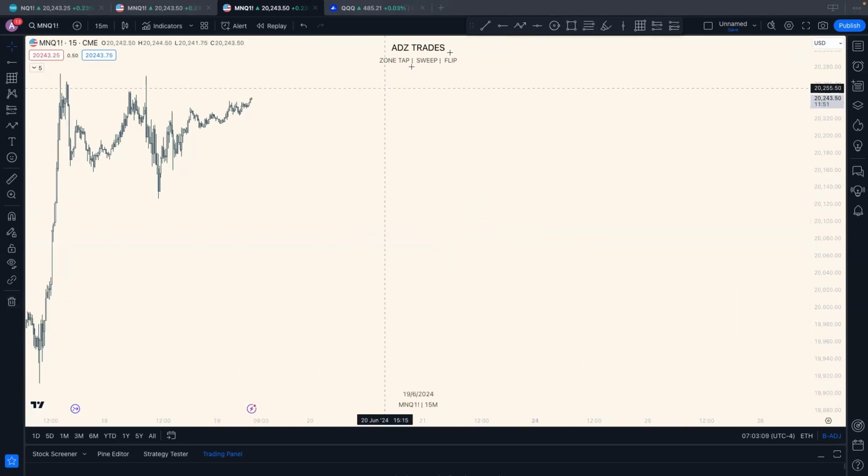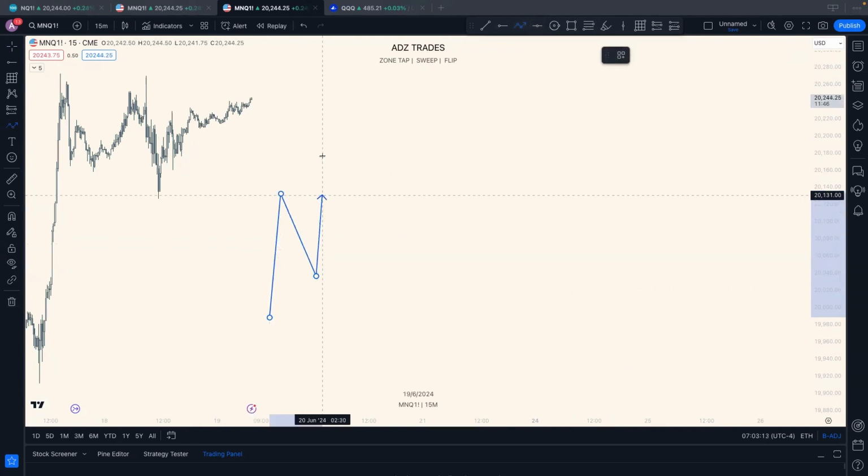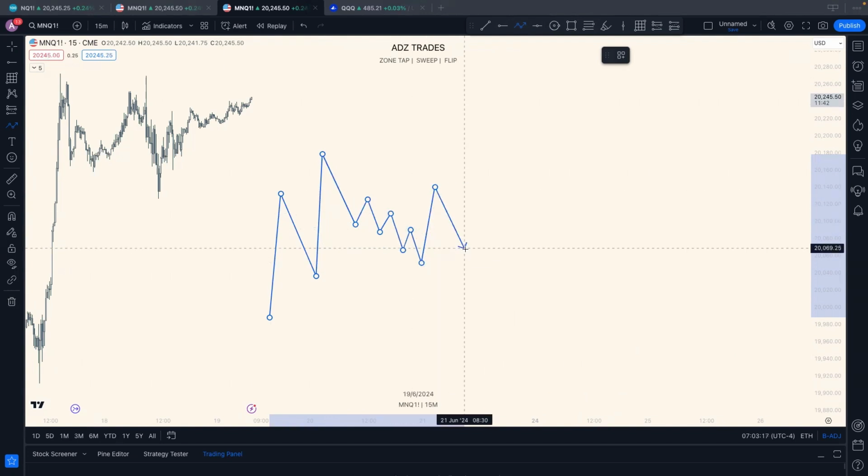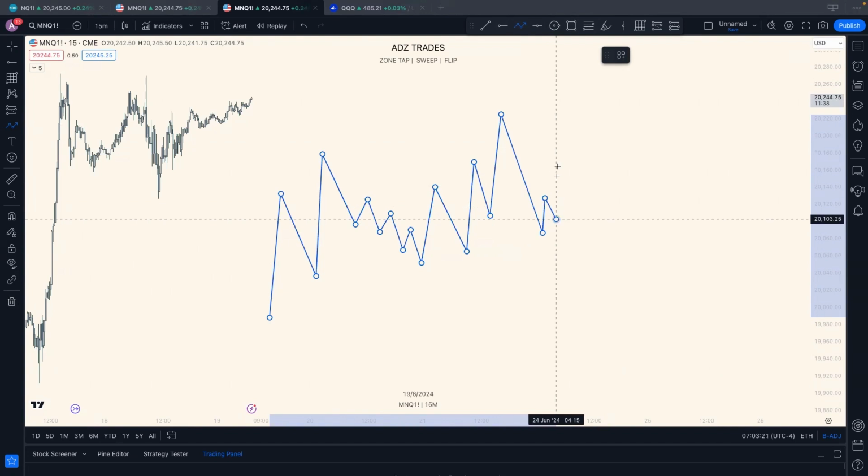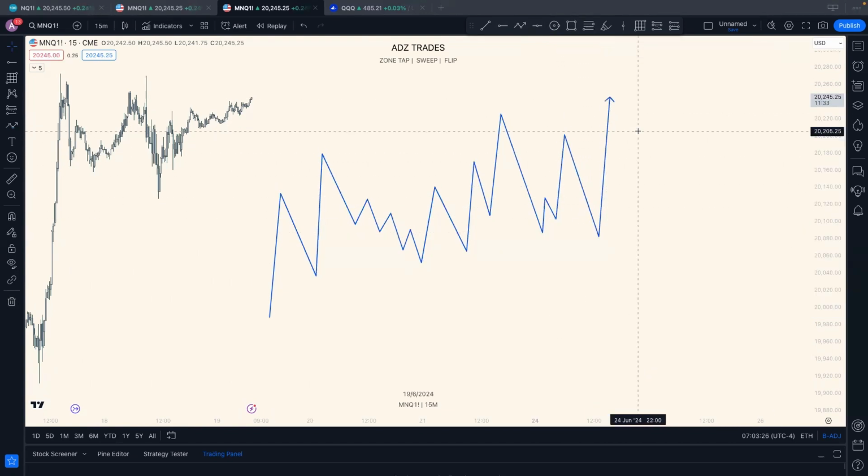Simple. Now, on the chart, it's going to look a bit more complicated. It's going to look like this. Now, you might say, oh, where do I focus on here? What's my most recent range here? It's the exact same thing. We're just going to simplify it.